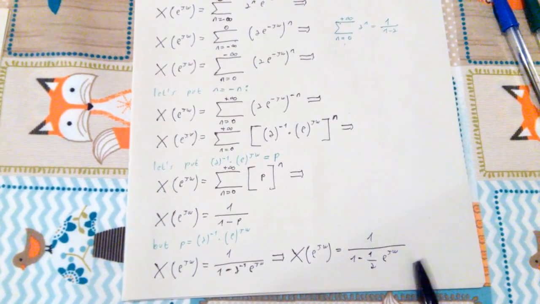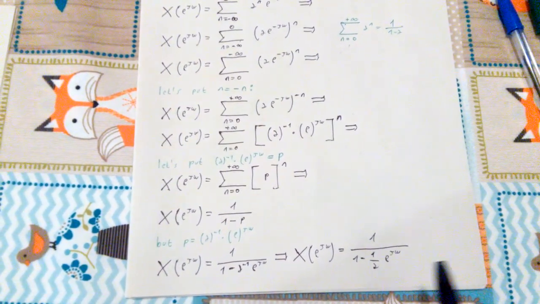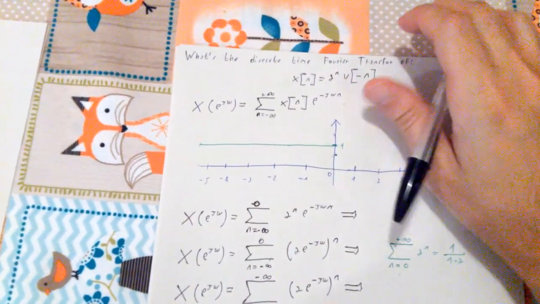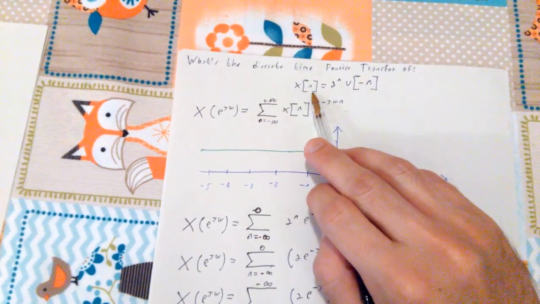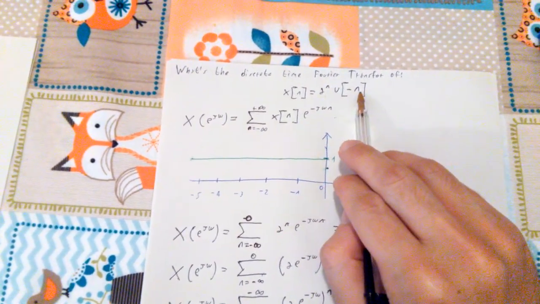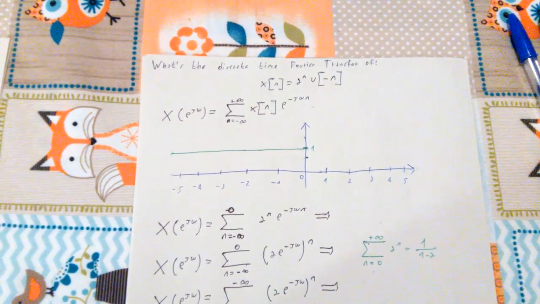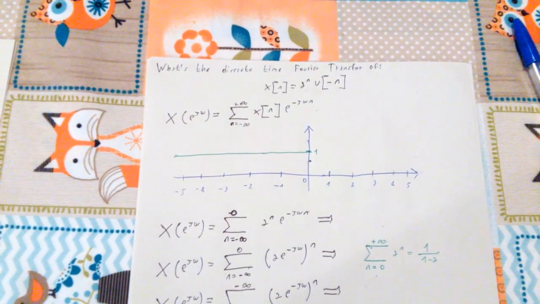And this is our solution. So this is our discrete time Fourier transform of x of n equal a to the n u of negative n. And we're going to go on with yet another example in the next video.